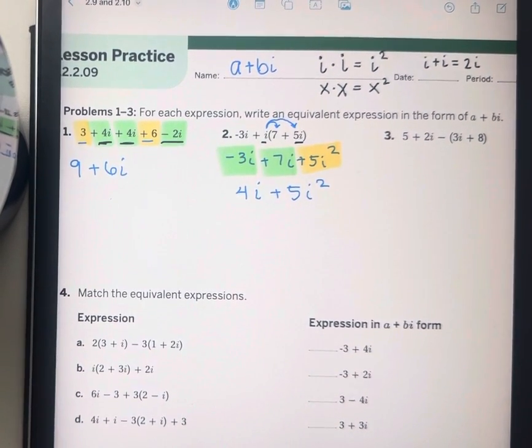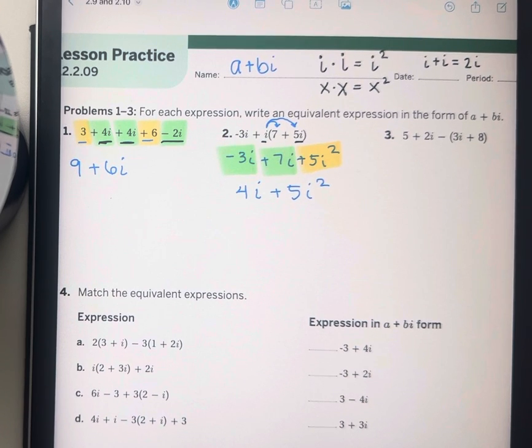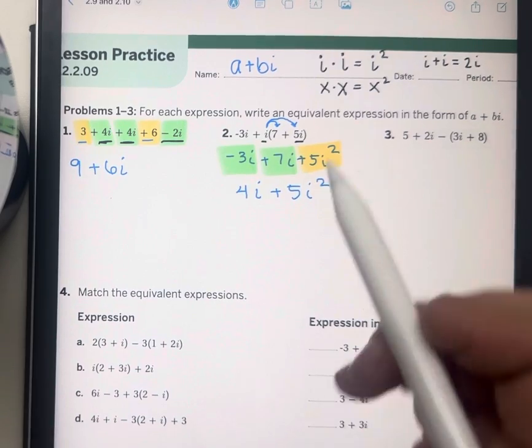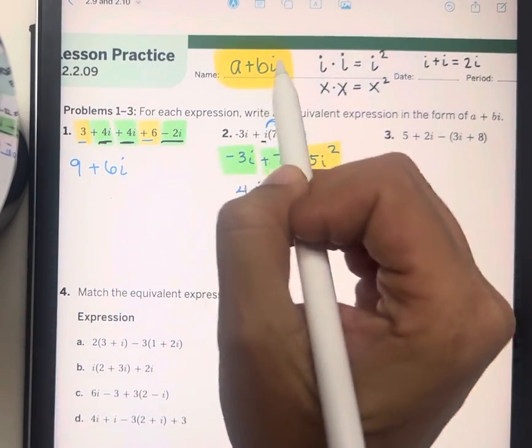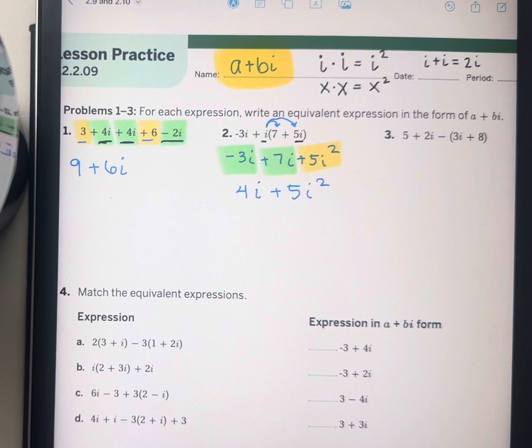And this is as far as we can simplify it using my treat i like an x thing. But once you reach this point, we're not actually done because we do need it to be a plus bi. So i squared is not allowed.